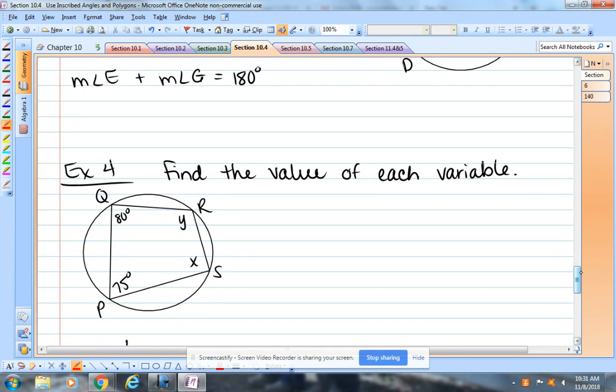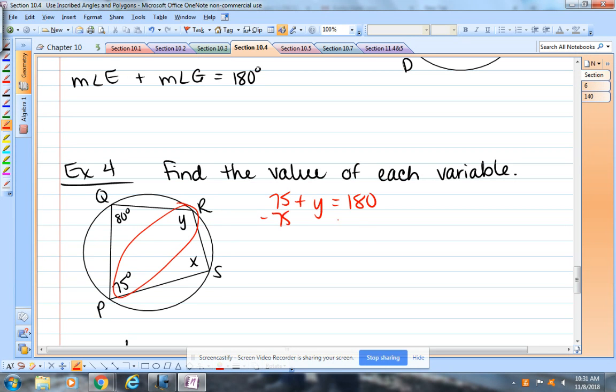All right, find the value of each variable. Now, this is an inscribed what kind of polygon? Quadrilateral. So what do I know about inscribed angles of quadrilaterals? Opposite angles are supplementary. So, for example, 75 and y are opposite angles, therefore the sum of their measures is 180. So you could say 75 plus y equals 180.